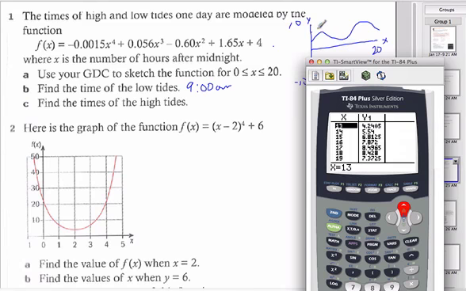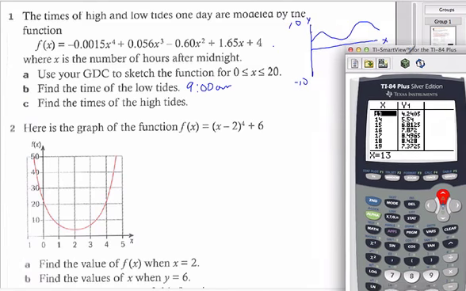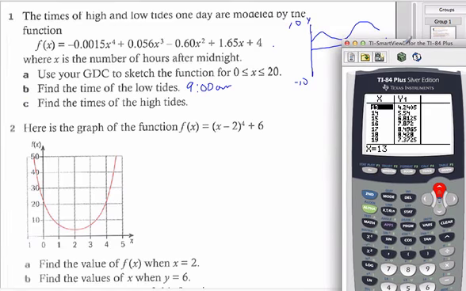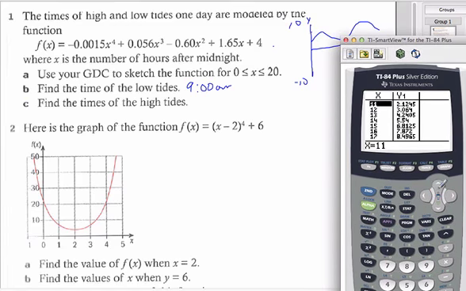Okay, looks like we have 2 high tides here during this 20-hour period. So I'm going to find the high tides.